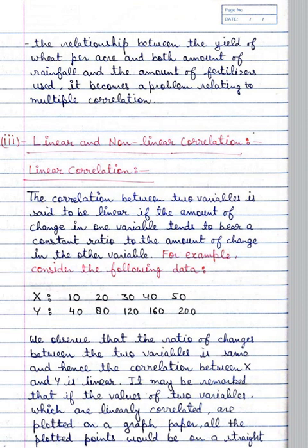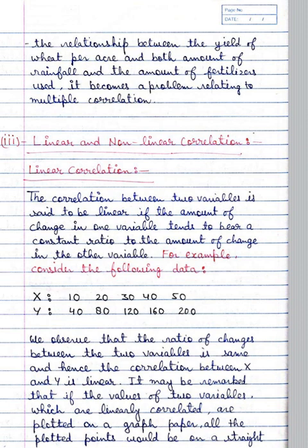Now come to linear and non-linear correlation. The correlation between two variables is said to be linear if the amount of change in one variable tends to bear a constant ratio to the amount of change in the other variable. For example, consider the following data. The variable x has the values 10, 20, 30, 40 and 50.